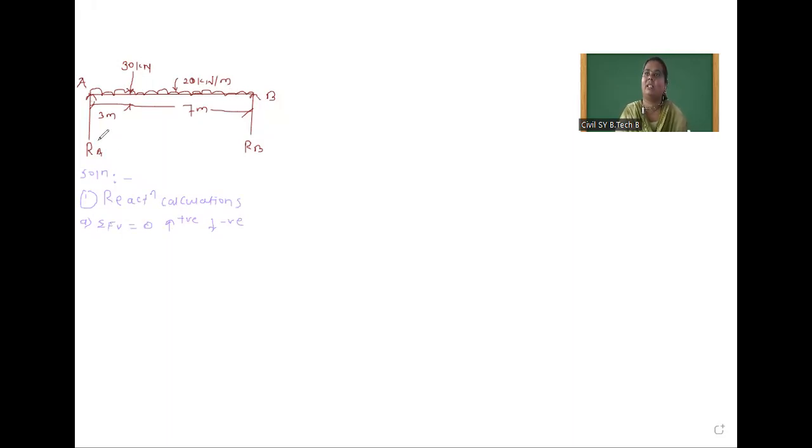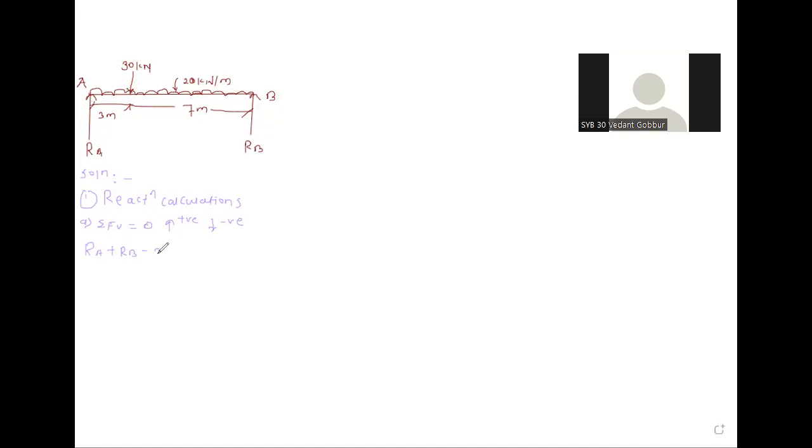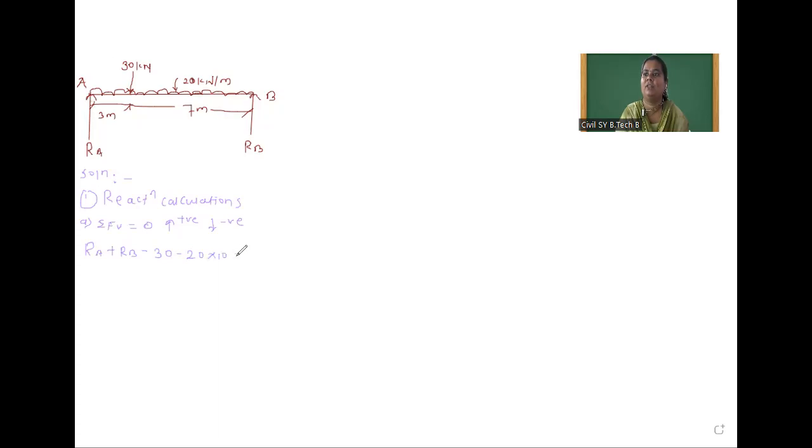According to these sign conventions, we have to add all vertical forces in this beam. So you tell me fast. Yes, RA plus RB minus 30 minus 20 into 10 equals 0. We have multiplied by the span because we have to convert the uniformly distributed load to a point load.